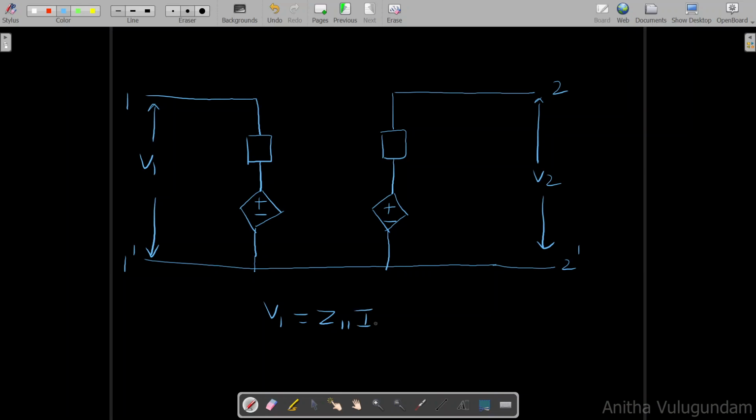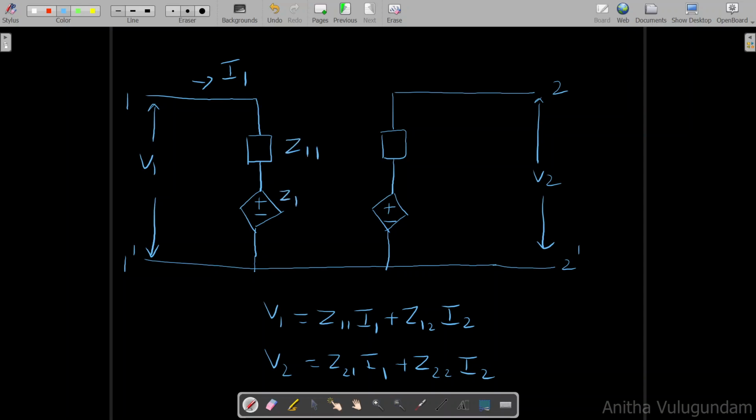V1 equal to Z11 I1 plus Z12 I2. V2 equal to Z21 I1 plus Z22 I2. So if you apply KVL here, we get the first equation. And here this is Z11 and this is Z12 I2. This is Z22. This is Z21 I1. This is the equivalent circuit for the two-port network governed by these two equations.